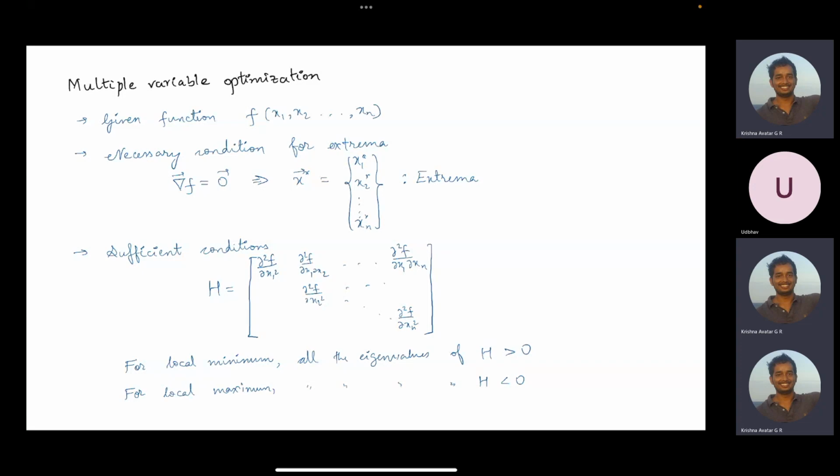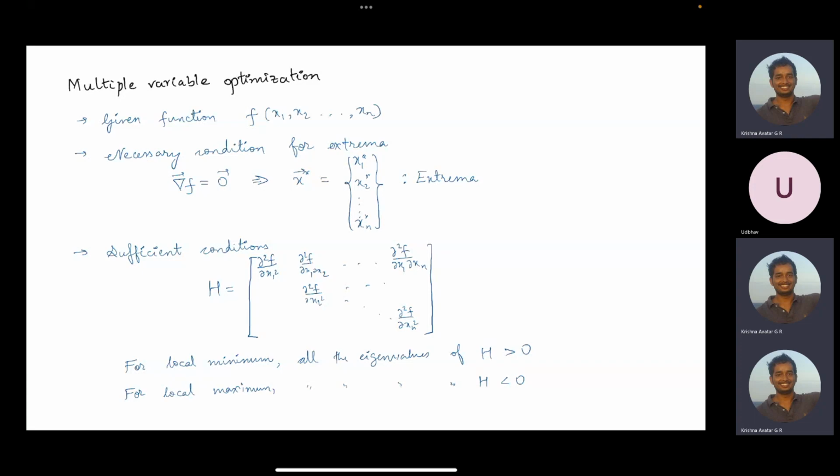But as we clearly know from the previous slide, just having the gradient of the function be zero doesn't imply whether it's a minimum or maximum. So we need to resort to sufficient conditions to draw some conclusions about the extremum.